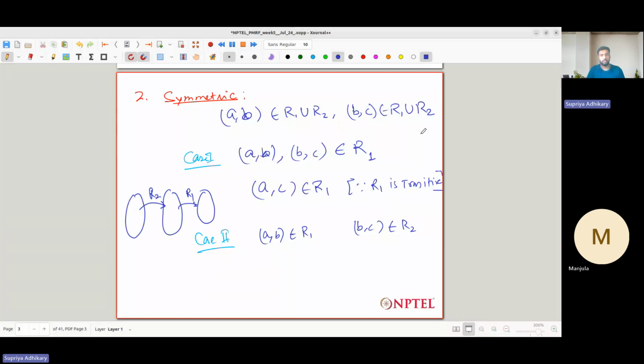So from here we can say that (b, a) belongs to R1 and (c, b) belongs to R2, since R1 and R2 both are symmetric relations.